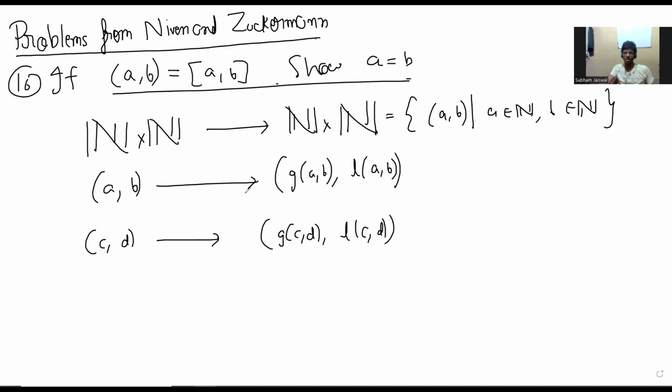So my question is, is it possible that two different pairs give you the same GCD and LCM? If I take some other two numbers, is it possible that the GCD and the LCM are the same?